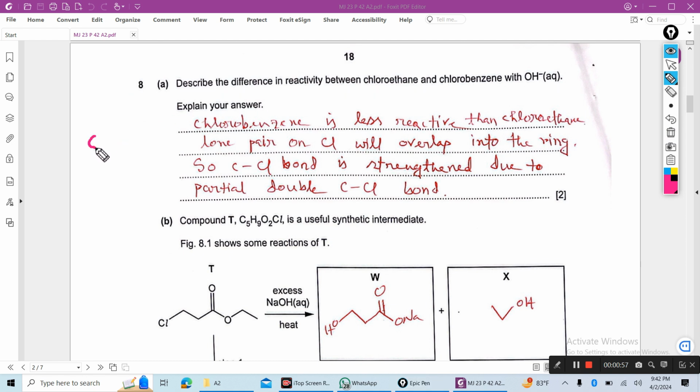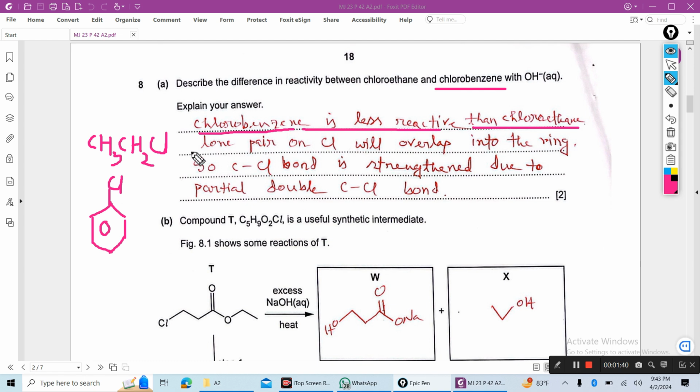Chloroethane is CH3CH2Cl, and this is chlorobenzene. So chlorobenzene is less reactive than chloroethane.